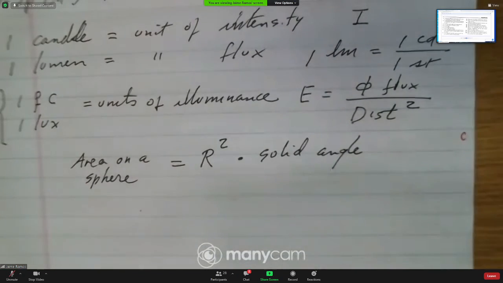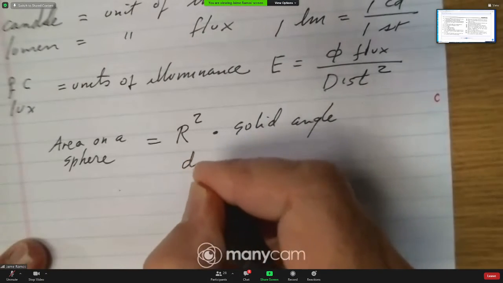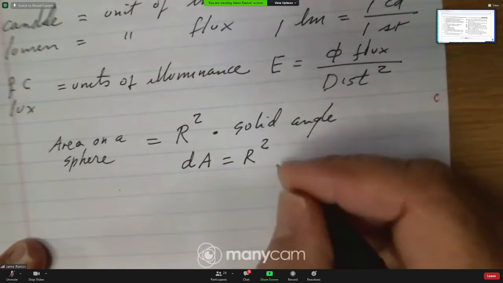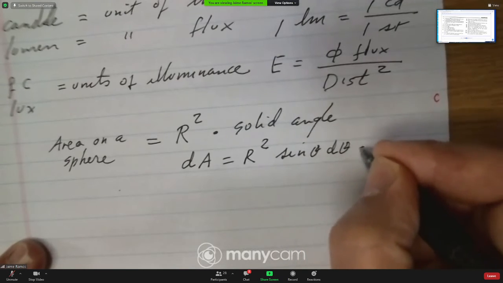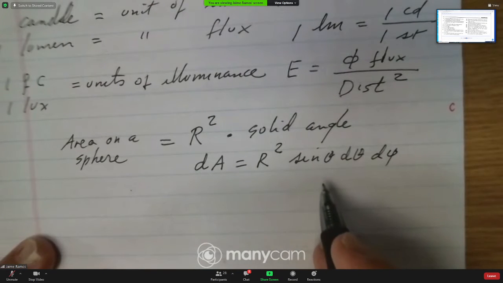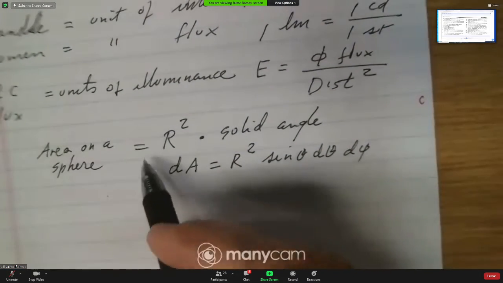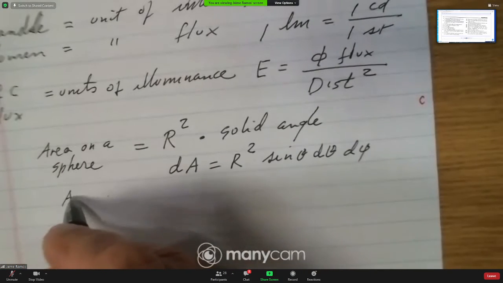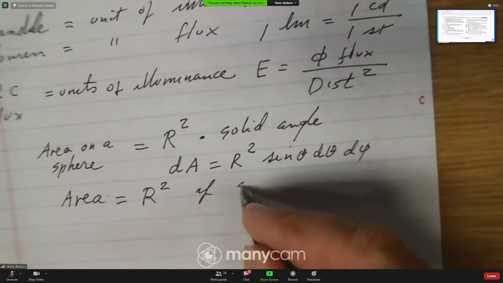Okay, so we can do this for spherical coordinates. So therefore, if the solid angle is 1 steradian, the area is equal to r squared.